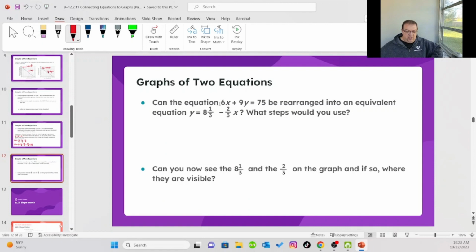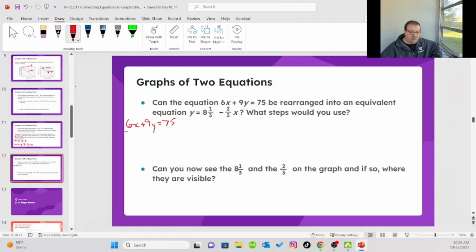Can the equation 6x plus 9y equals 75 be rearranged into an equivalent equation of y equals 8 and 1/3 minus 2/3 x? What steps would you use? So if we start with 6x plus 9y equals 75, first thing I want to do is move what is not attached to my y variable.